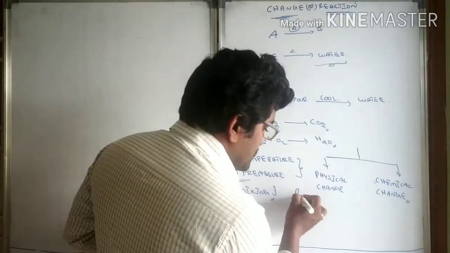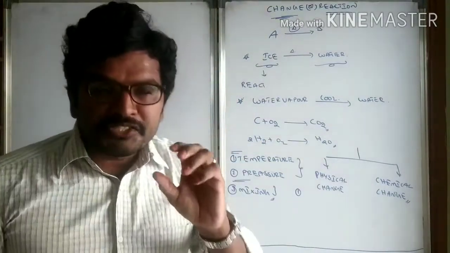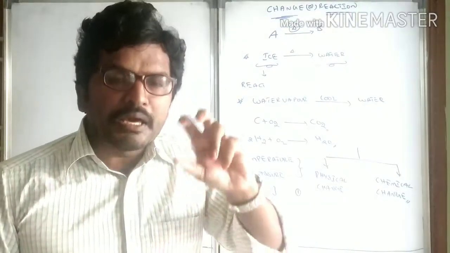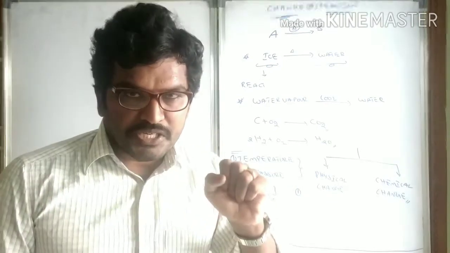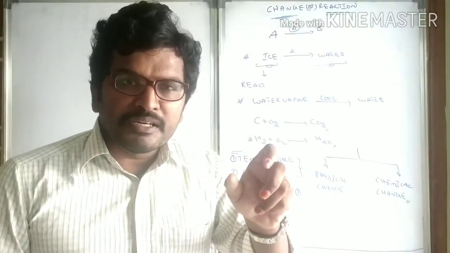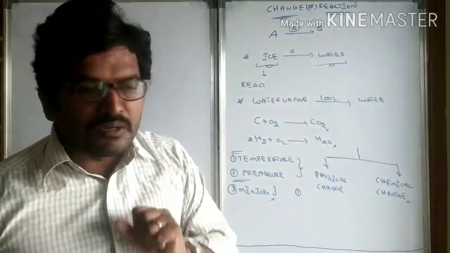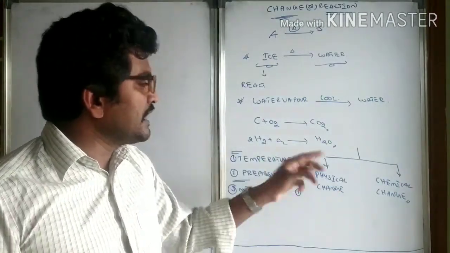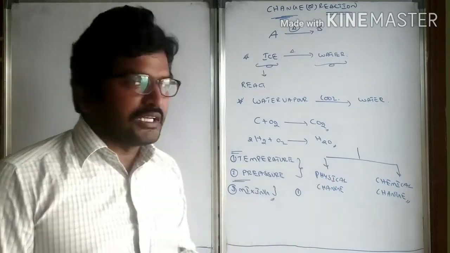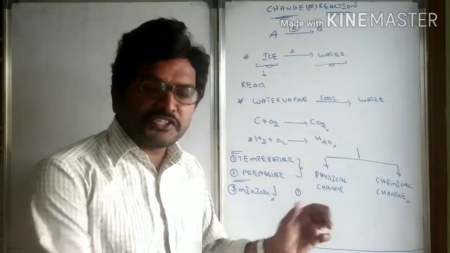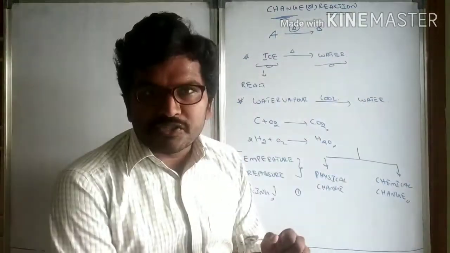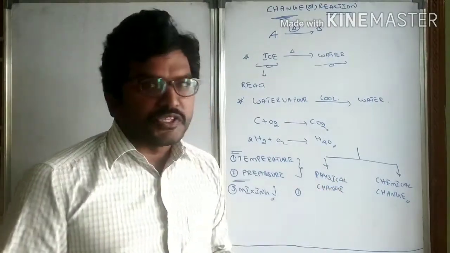How can you define physical change? A change that happens due to environmental factor changes, and when those changes are removed, it comes back to the initial state, is known as a physical change. Or a change in which no new substance is formed is known as a physical change.